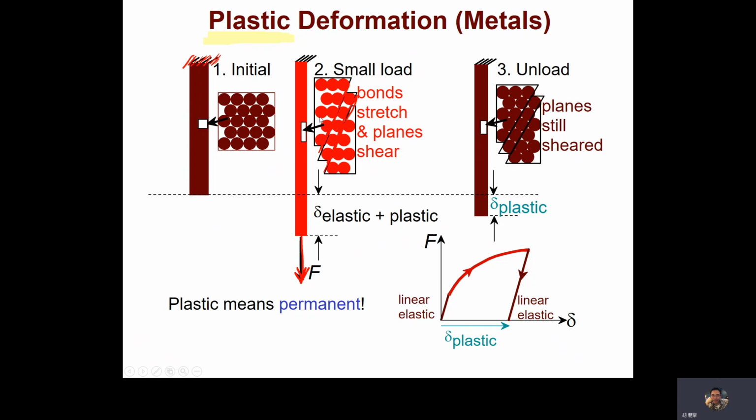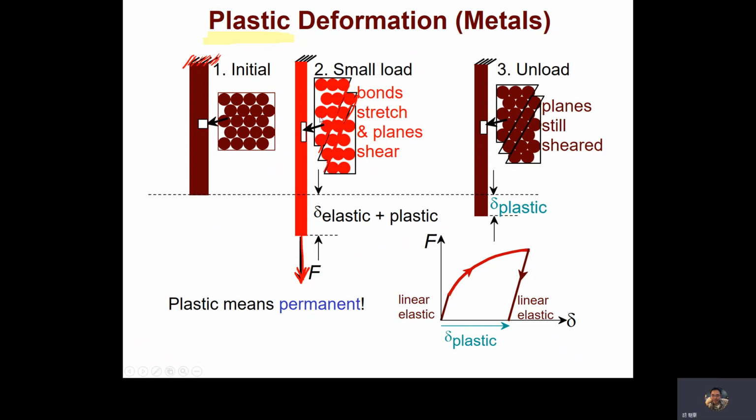As we mentioned previously, when the slip process occurs, that means plastic deformation. When the applied force is large enough to trigger slip, it is plastic deformation, which means permanent.